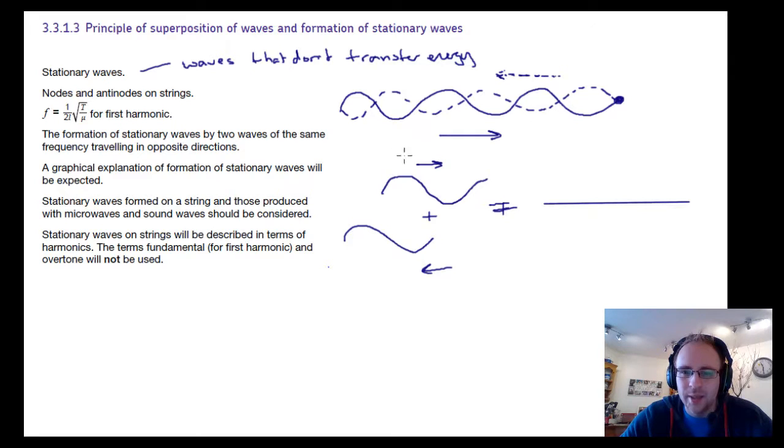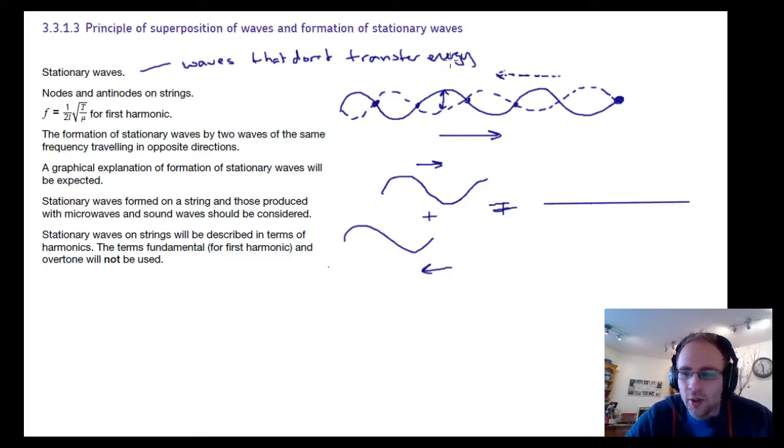So as these move past one another, at some points we get maximum displacements, so the big adds, and at some points we get minimum displacement, so we get nothing. And that happens over and over again. So some points actually never move, and these points here are moving between a maximum and a minimum.